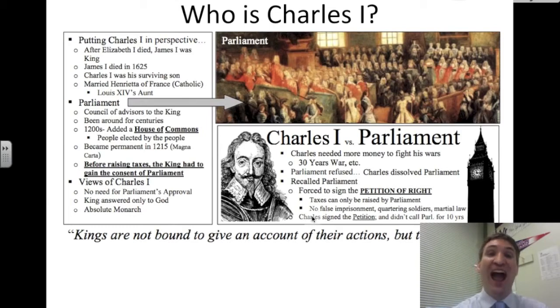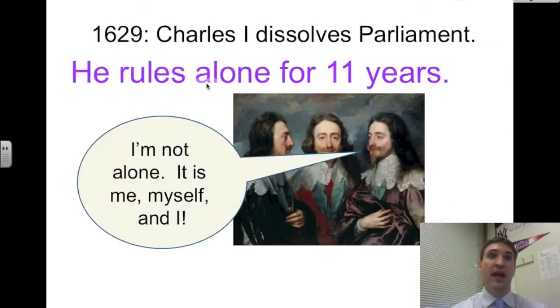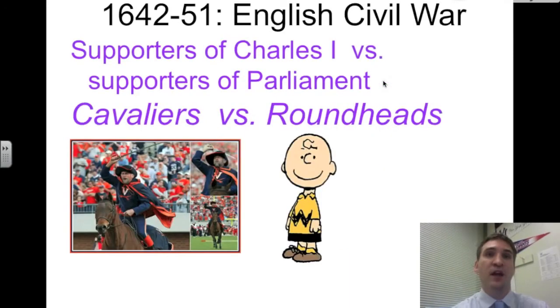And Charles actually agrees to and signs the petition, but he didn't call for Parliament to meet for 10 years. And stepping back in 1629, Charles I dissolves Parliament and rules like an absolute monarch in England for 11 years. This leads to the English Civil War.